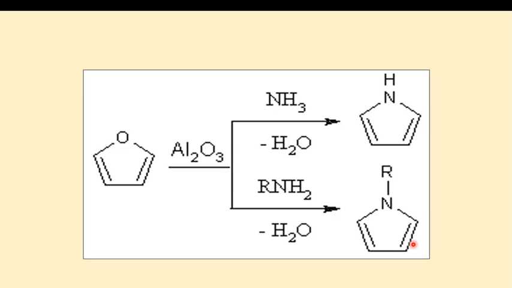It is on nitrogen. So based on your reagent condition, you will get the final product. If just NH3, then you will get pyrrole, and if you take an alkylamine, then you will get pyrrole substituted at first position with an alkyl group. Thank you.